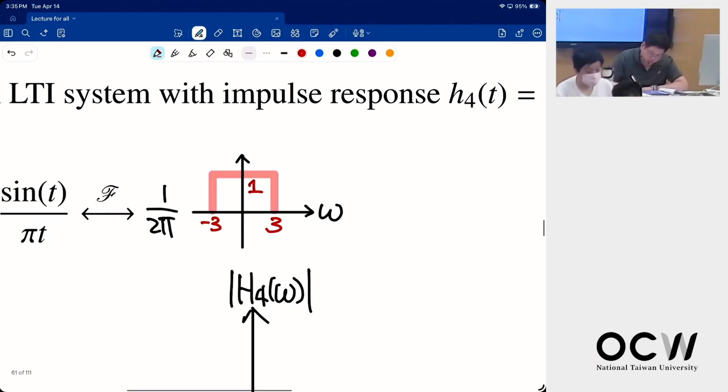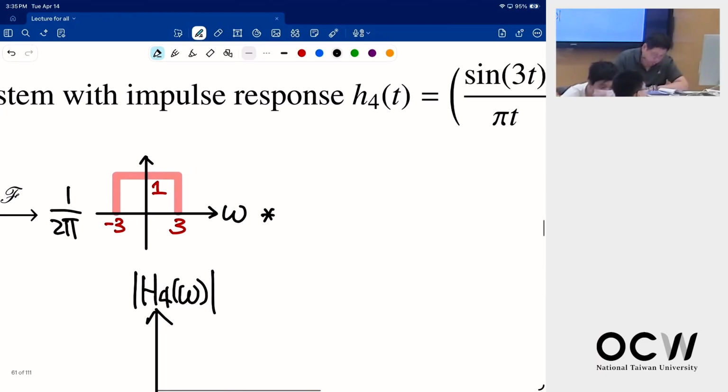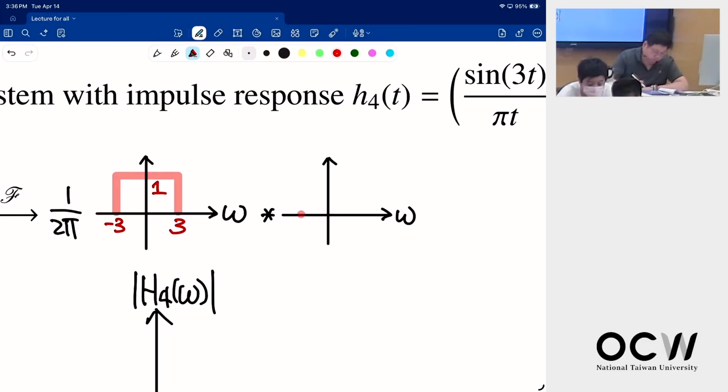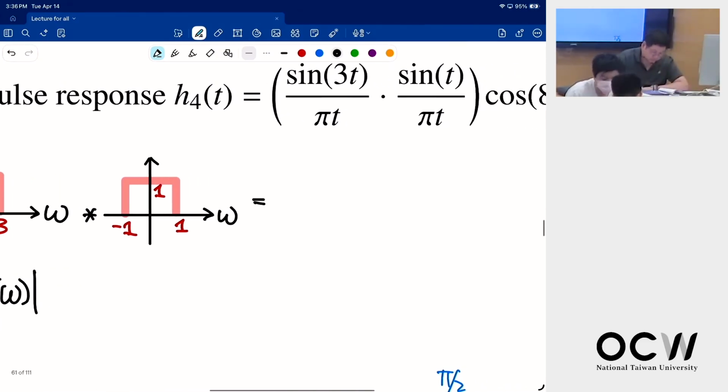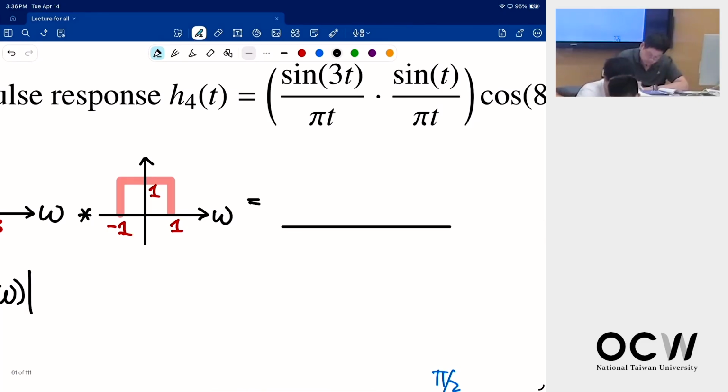The second one, the width should be -1 to 1. So from -1 to 1. Also magnitude 1. So in this case, when you do the convolution, you should get a trapezoid.